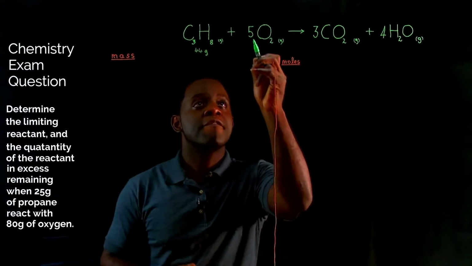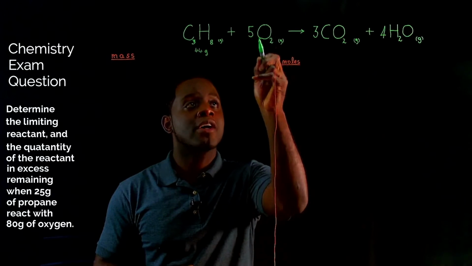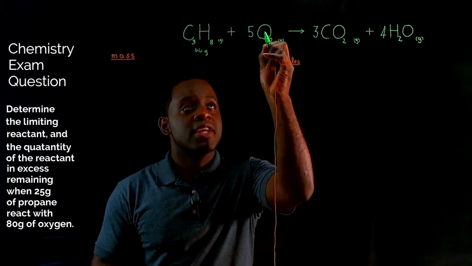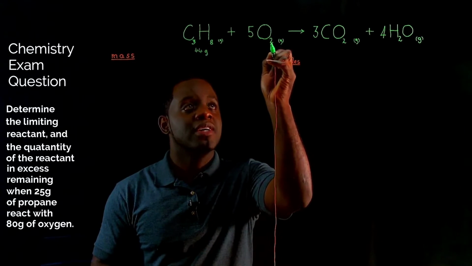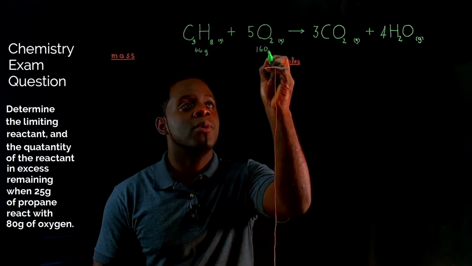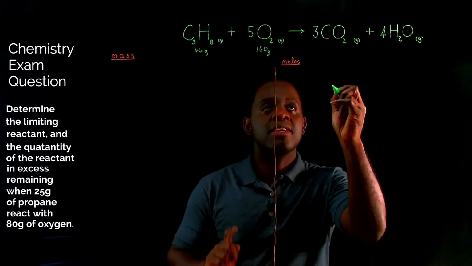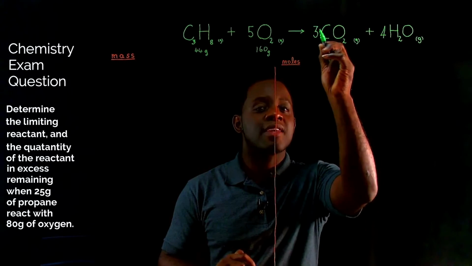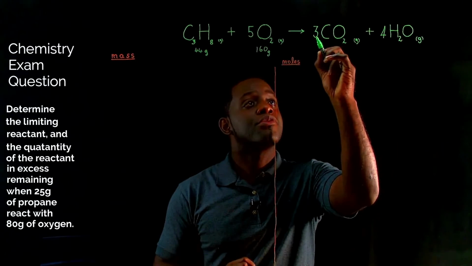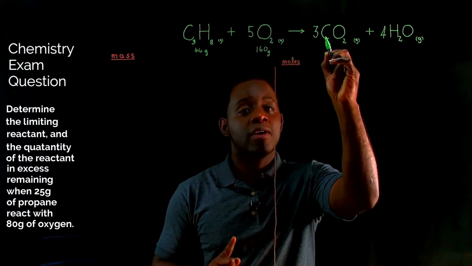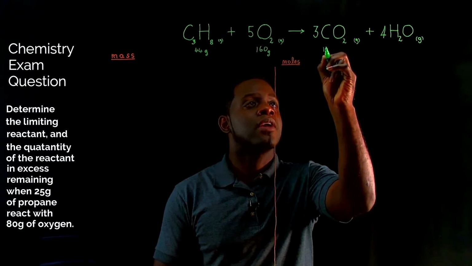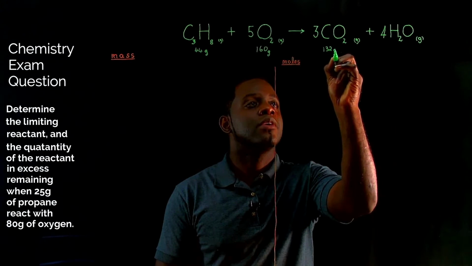The mass of 5 moles of oxygen molecules is, the mass of oxygen is 16, so 10 times 16 gives us 160 grams per mole. And the mass of carbon dioxide, and there are 3 moles, is 3 times 12 plus 6 times 16, which gives us 132 grams.